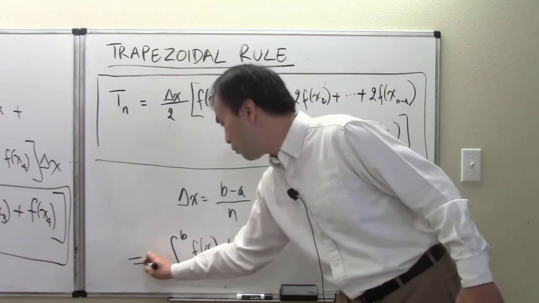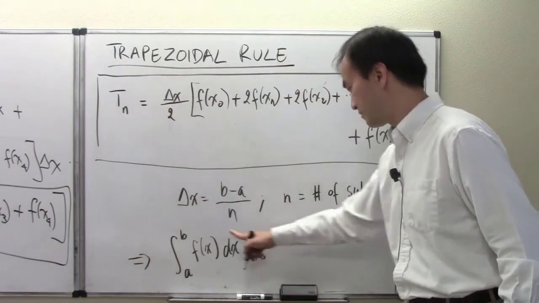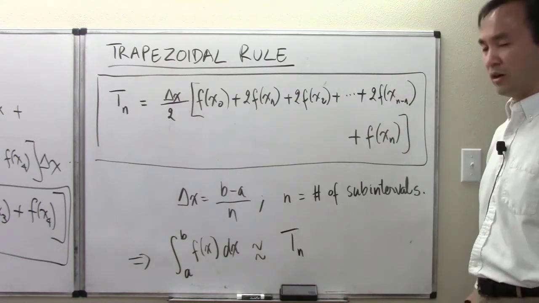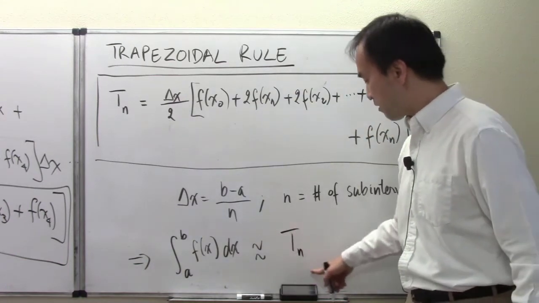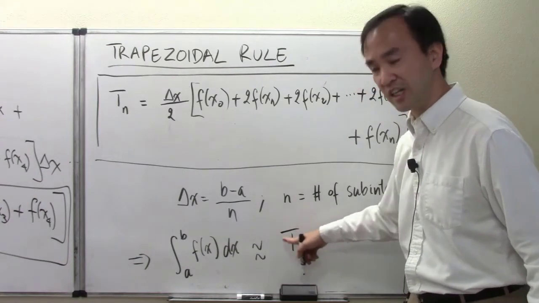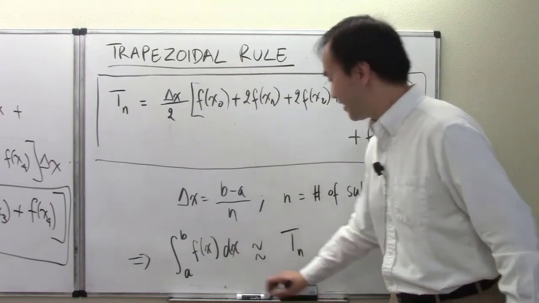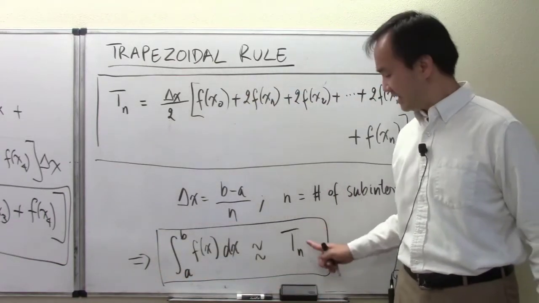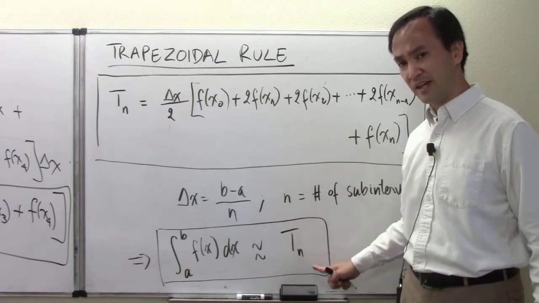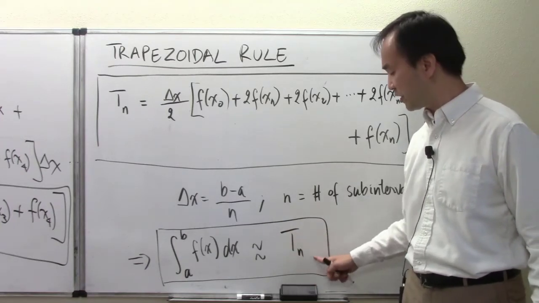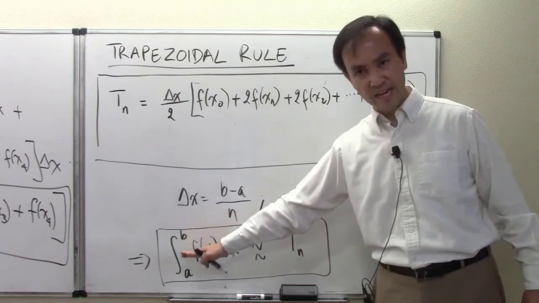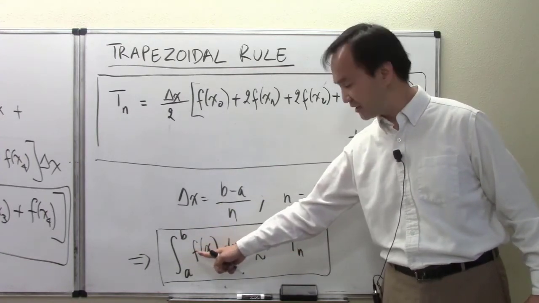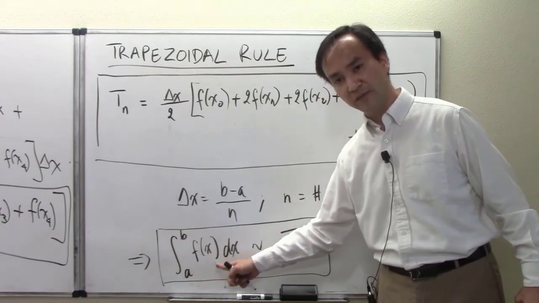So once we calculate our Tn, our definite integral will be approximately equal to the approximation that was done using the trapezoidal rule right there. So that's another thing to keep in mind. None of our Tn, none of our trapezoidal rule answers, is the exact answer. It's only an approximation to that actual numerical answer of the definite integral here.